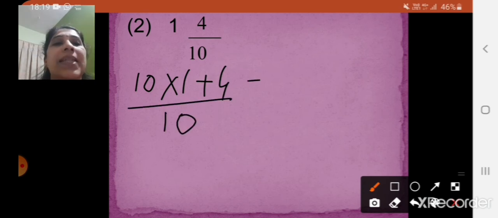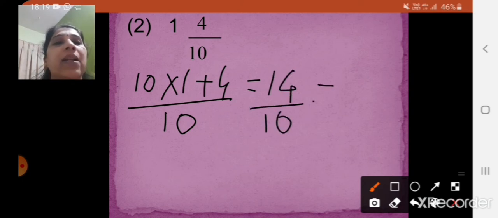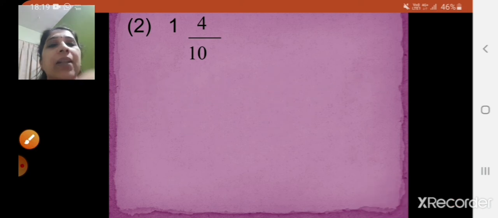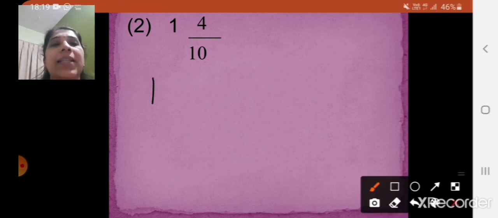So what is 10 ones? 10 plus 4 is 14. So 14 upon 10. Again there is 1 zero in the denominator. So 1 decimal place. So 1.4, right? The second method, you will write 1 as it is. 4 upon 10 means 1 decimal point. So it will come 0.4. So I will write it as 1.4.